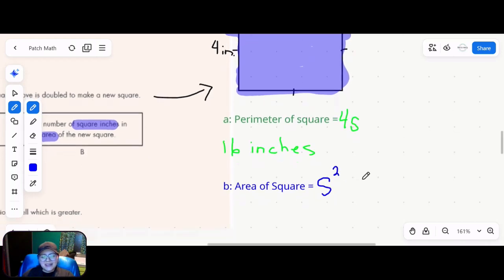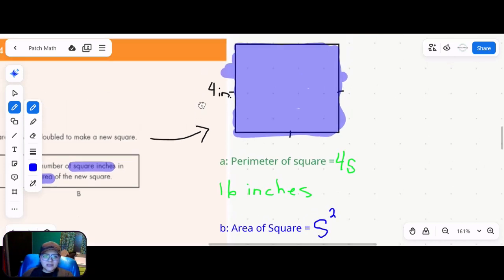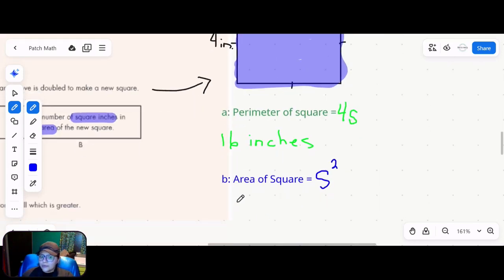If you are dealing with a rectangle, it's length times width, and it's still length times width for a square, but length and width happen to be the same thing, so side length squared there. We have a side length of 4. And notice your units are going to get squared here. So that is going to be 4 squared, which is equal to 16. And that is 16 square inches.